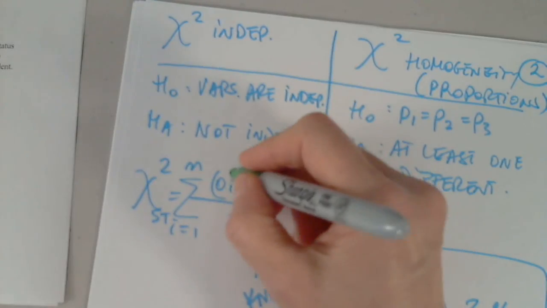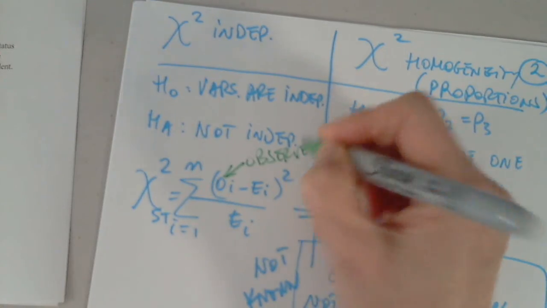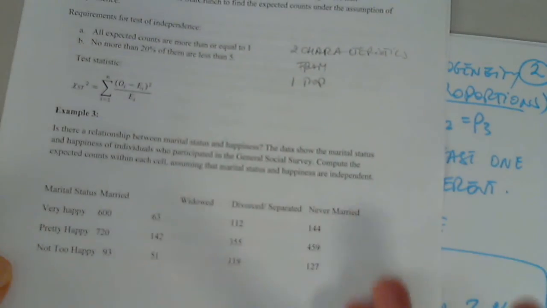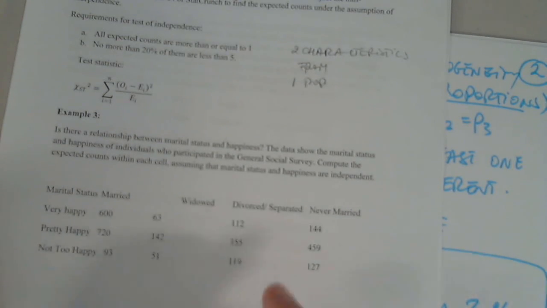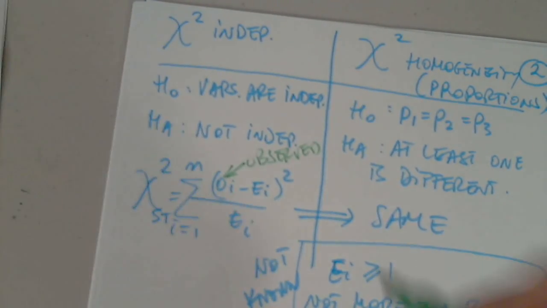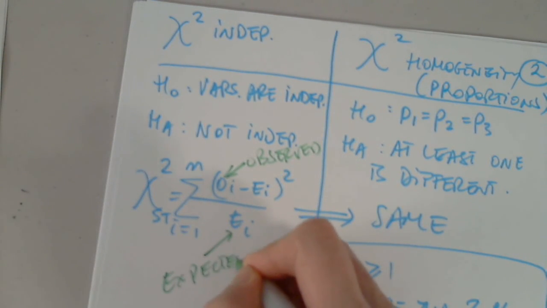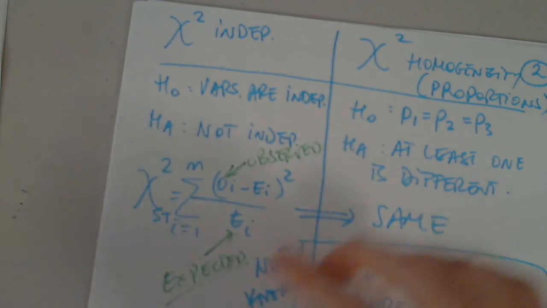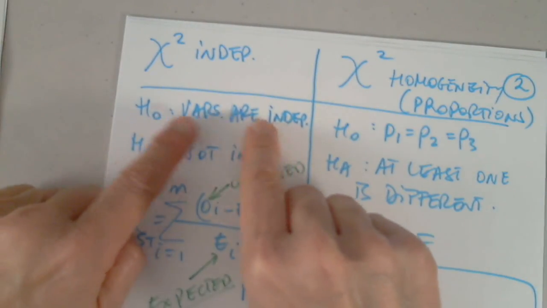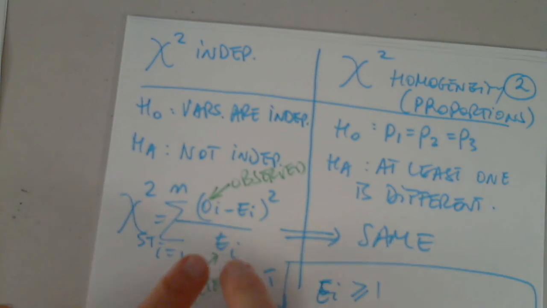By the way, this is what this means. Observed. By observed, this is what we have in the table. All these data are observed. We observe them. And this is the expected. What does the expected mean? If the null hypothesis is true, we expect the numbers that we will come up with in a minute.